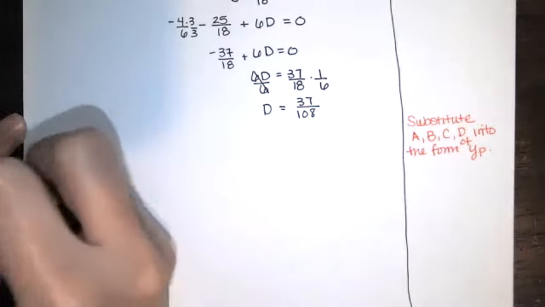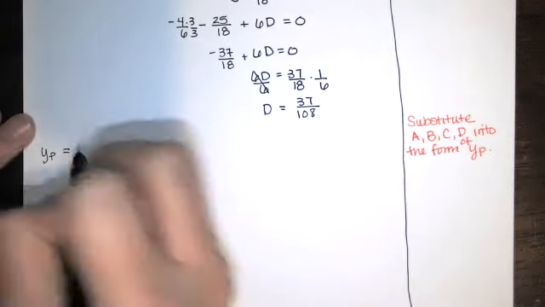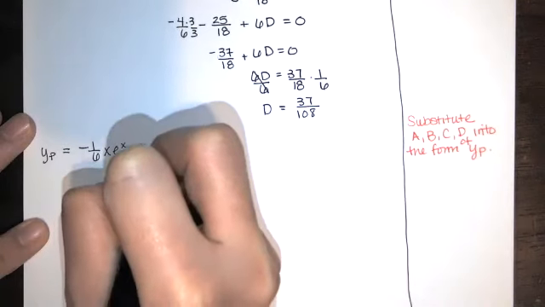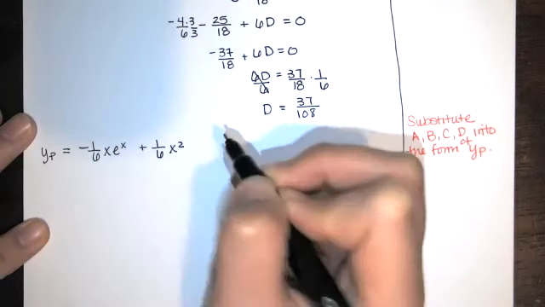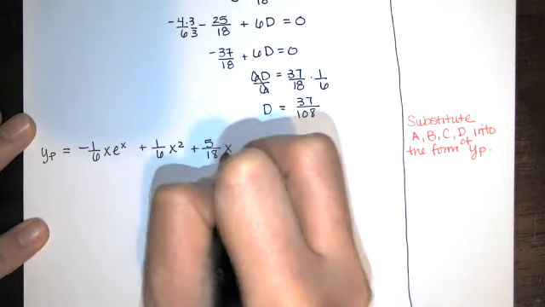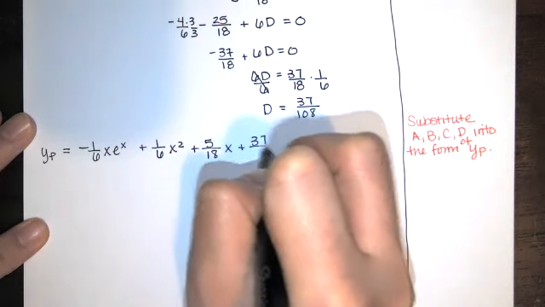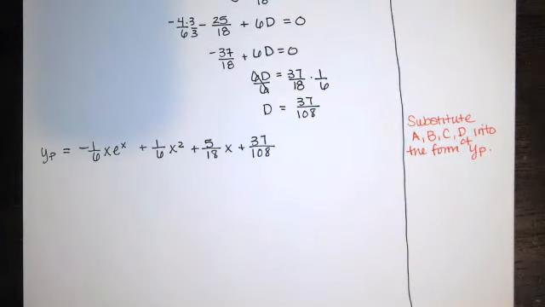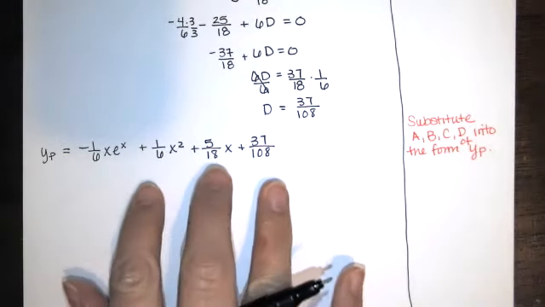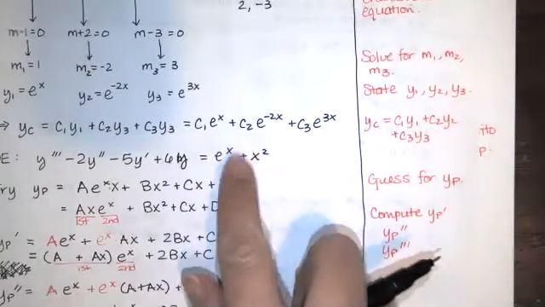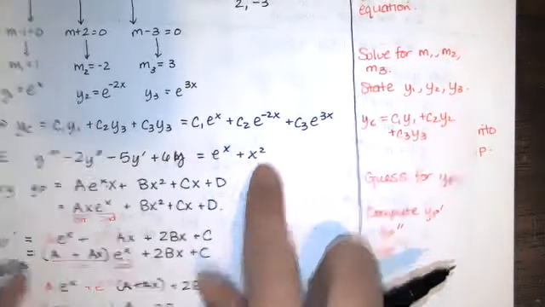So y sub p was A times x times e to the x plus B times x squared plus C times x plus D. Now, provided I didn't make any differentiation mistakes or arithmetic mistakes, if I take the derivative of this 3 times and substitute into the left-hand side and simplify, I should get e to the x plus x squared.